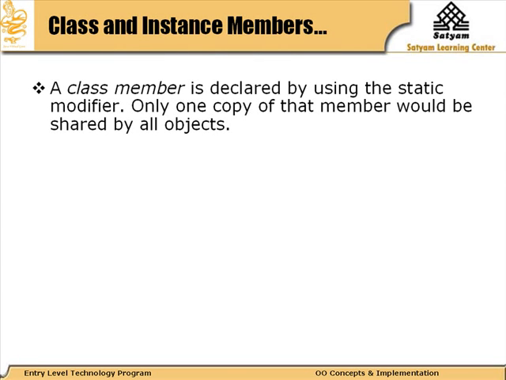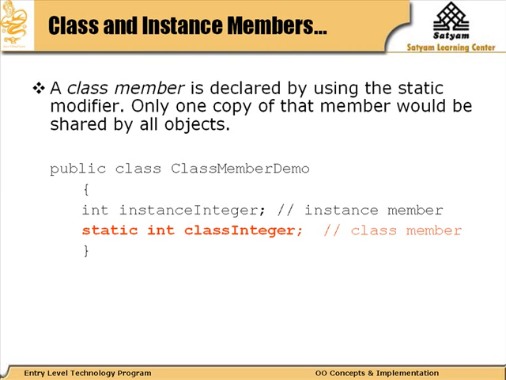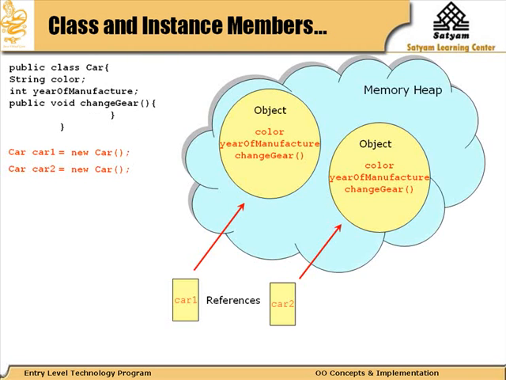Only one copy of that member would be shared by all objects. Here in this slide, we have created two objects of class Car, both having separate instance members. This is so because all members of class Car are instance members.